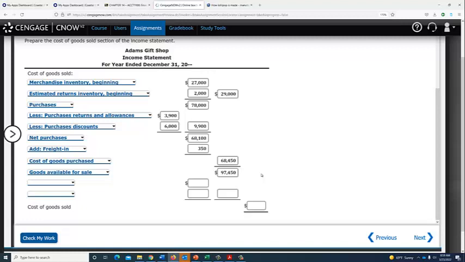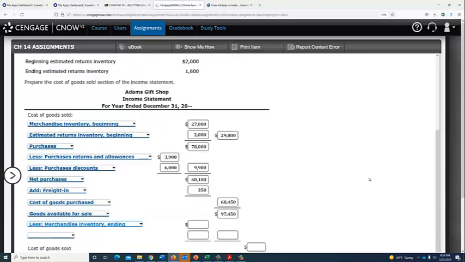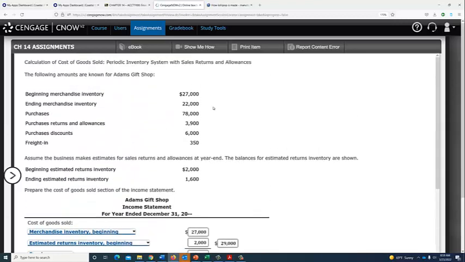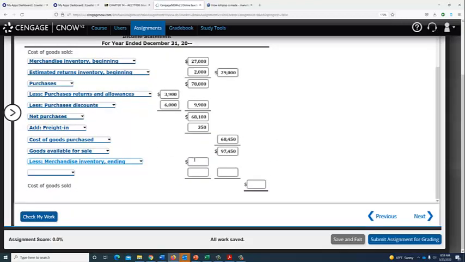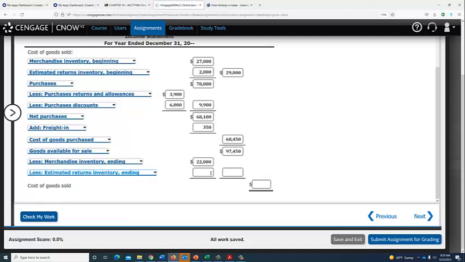So now we're going to figure out what we still have. So if we know what we still have, we can figure out what we sold by subtracting it from our goods available for sale. So we need our ending inventory for merchandise inventory, which is $22,000. And we need our ending inventory from estimated returns.